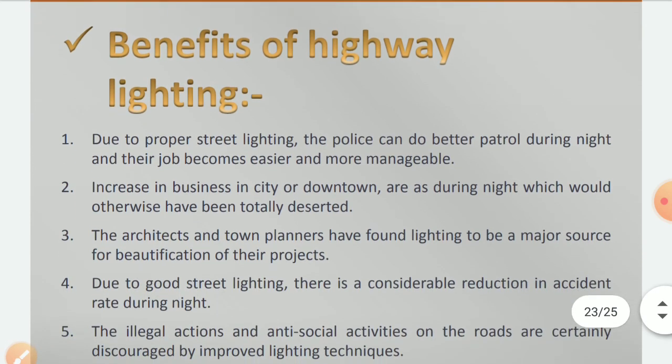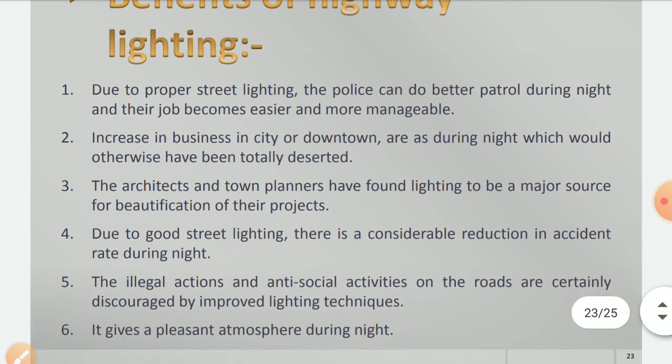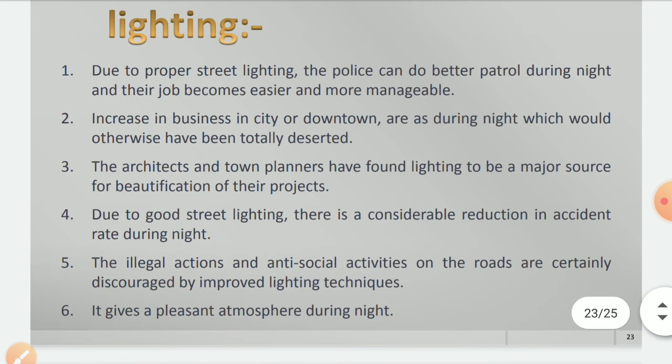Then the benefits of highway lighting. Due to a proper street lighting scheme, the police can do better patrolling during the night, and their jobs become easier and more manageable. Then business in city downtowns increases at night, which would otherwise have been totally deserted.